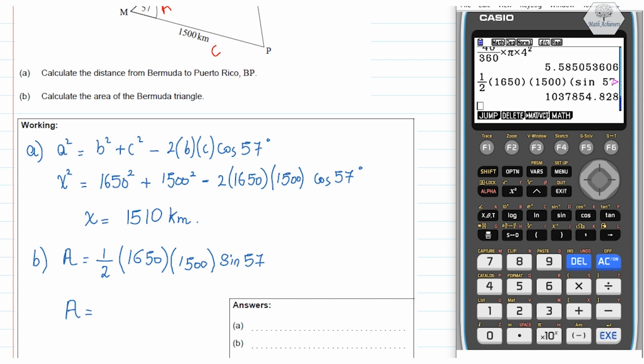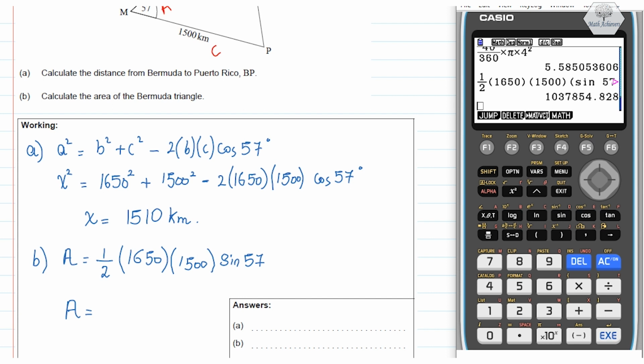This would be equal to 1037854.828. If I want to round to 3 significant figures, the third significant figure is the 3.